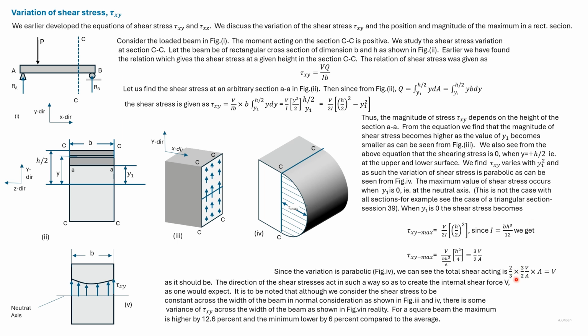So we get 2/3 into 3 by 2 V by A into area, which is V.